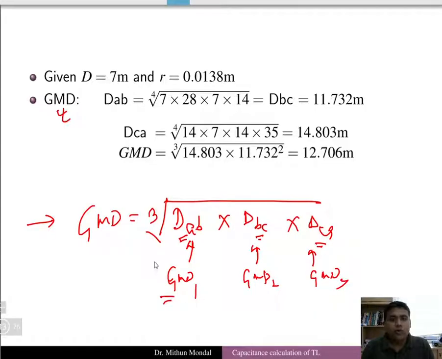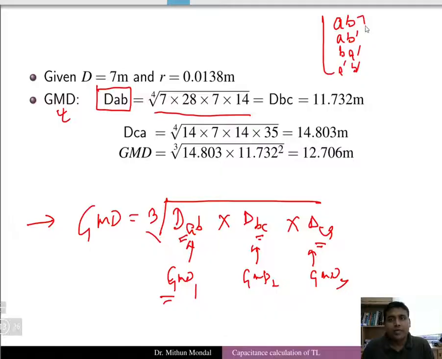GMD1, that is your distance DAB, has 4 configurations which take place. So what are the 4 configurations? You will have AB, AB dash, B A dash and A dash B dash. So these 4 configurations can be there in the GMD calculation for the distance AB.